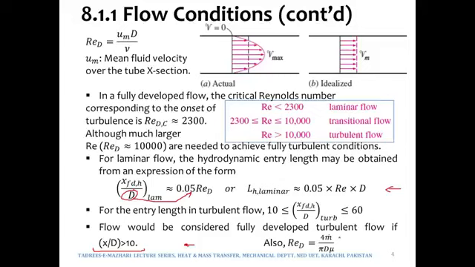This is a simple expression where Reynolds number is written in terms of mass flow rate. All you need to do is, because we know the expression of Reynolds number as mean velocity times diameter times density over viscosity, now if you write this velocity using the continuity equation, mass flow rate is density times area times velocity.